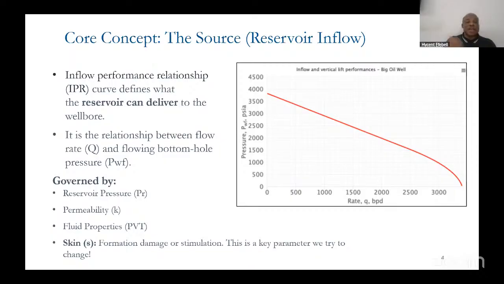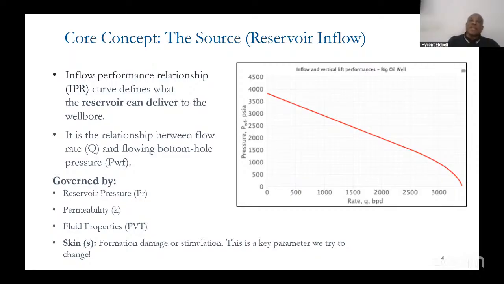And it is actually a relationship between the flow rate of the well and the flowing bottom hole pressure, which we are calling PWF. What are the things that actually determine what flows into the wellbore? That is the inflow. You are looking at the reservoir pressure. If your reservoir pressure depletes, then you won't be able to flow into the wellbore, or you just flow a minimal amount of fluid into the wellbore.